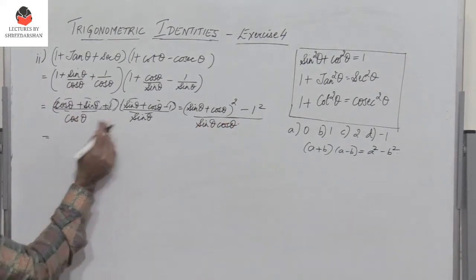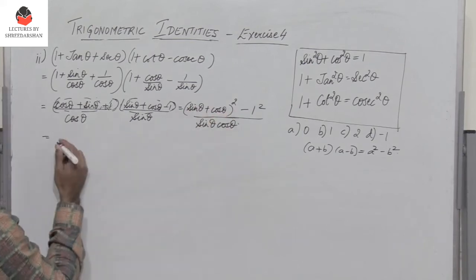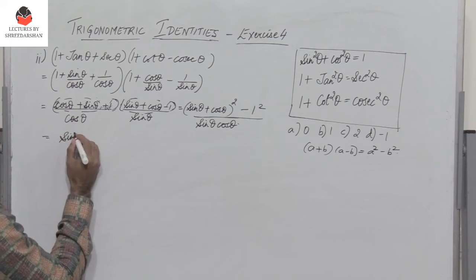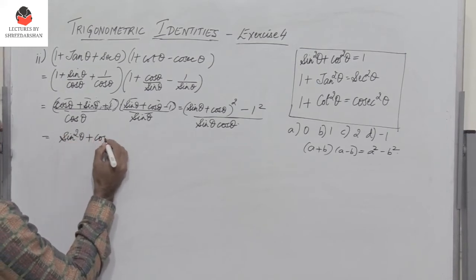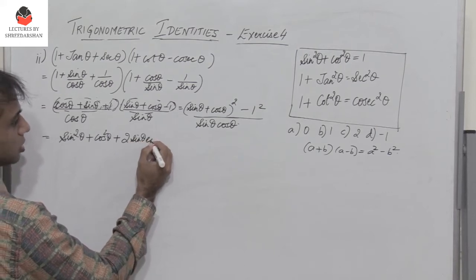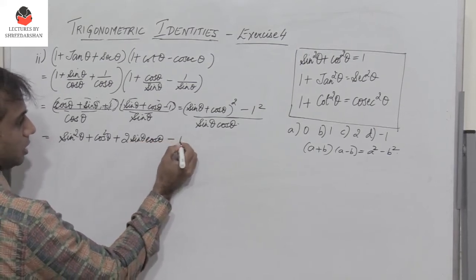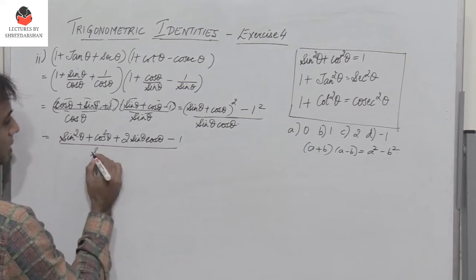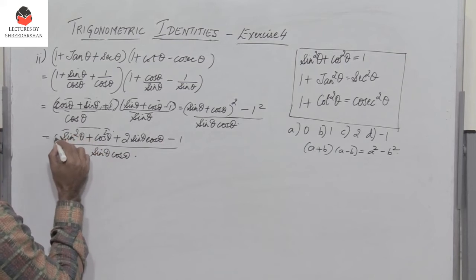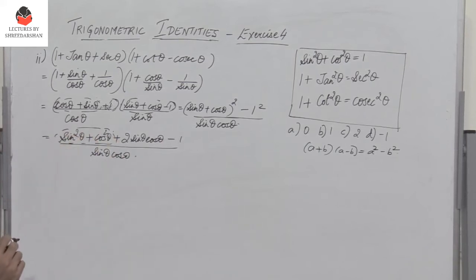So now let me expand this. This is a plus b the whole square, which is a square plus b square plus 2ab. So I get sine square theta plus cos square theta plus 2 sine theta cos theta minus 1 divided by sine theta cos theta. Now we know that sine square theta plus cos square theta is 1, right?